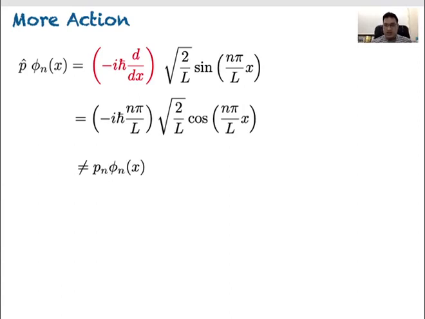This is not equal to phi n of x, right? Because phi n of x is sine, this cannot be converted into phi n of x by any means. This means that phi n of x is not an eigenfunction of your momentum operator, and this is a very different result from what you have seen in the case of a free particle.